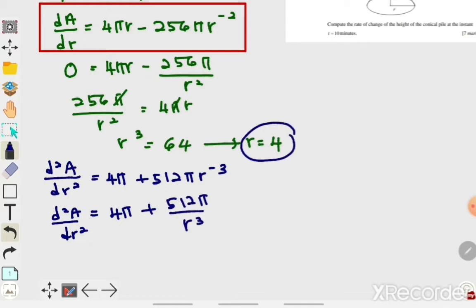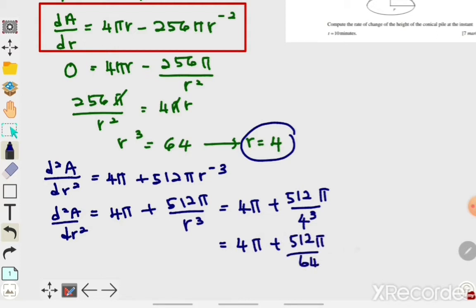Now you have that this is a critical number. We substitute into this equation. So we have 4 pi plus 512 pi divided by 4 to the power 3. And this equals 4 pi plus 512 pi divided by 64, where we confirm that the second derivative is greater than 0 when r equals 4.